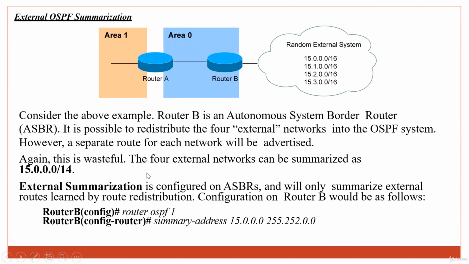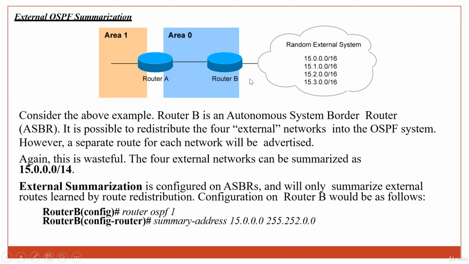Now the second point related to summarization is, suppose the summarization is coming from an external system. It's not related to inter-area routing, but it is coming from outside. At this point, we should go to the ASBR.